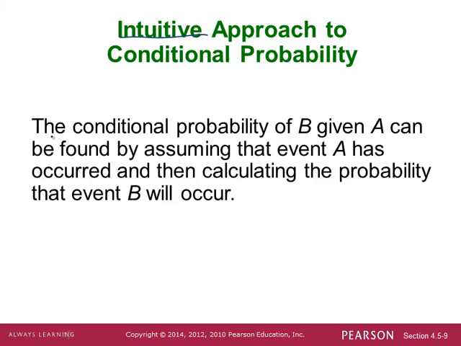And let's just go ahead and read this. The conditional probability of B given A can be found by assuming that the event A has occurred. For example, that we drew a spade as our first card, and then calculating the probability that event B will occur. So the probability that the second card is a spade, given the fact that the first card is a spade, was 12 over 51. That's the intuitive approach.